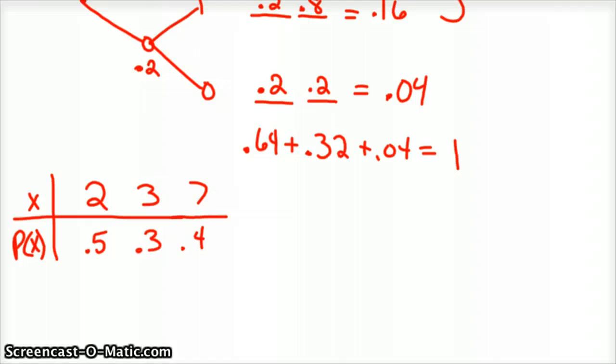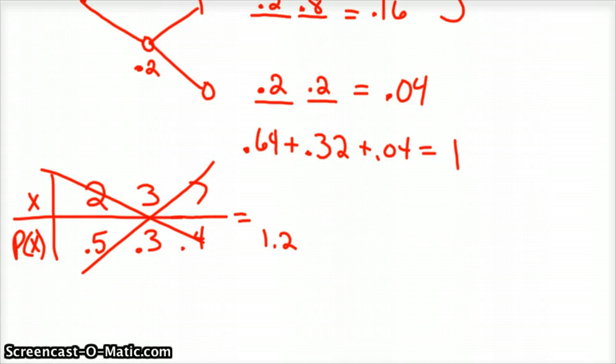Well, this is not possible. You've got an error in this distribution. So in this case, 0.5, 0.3, 0.4, your total would be, let's see, 1.2. And so this probability distribution doesn't work.